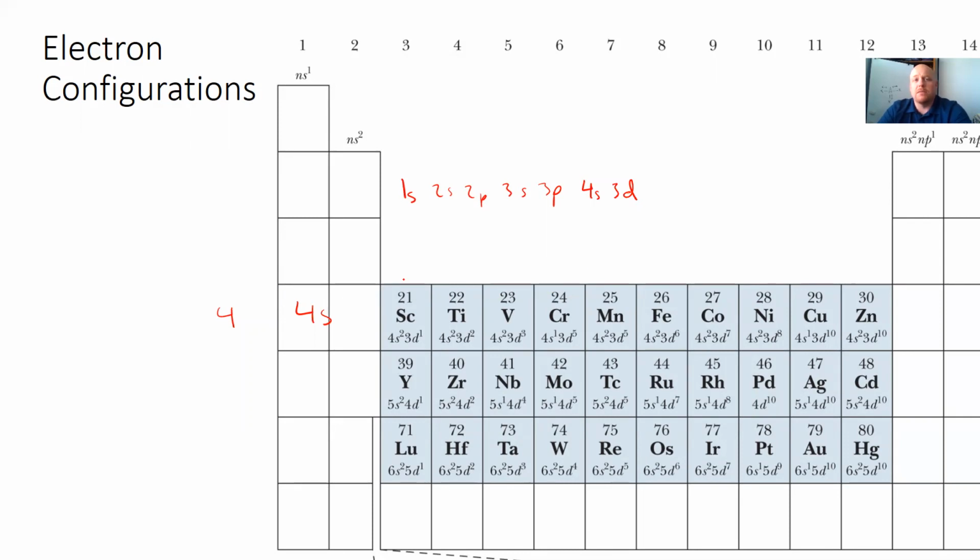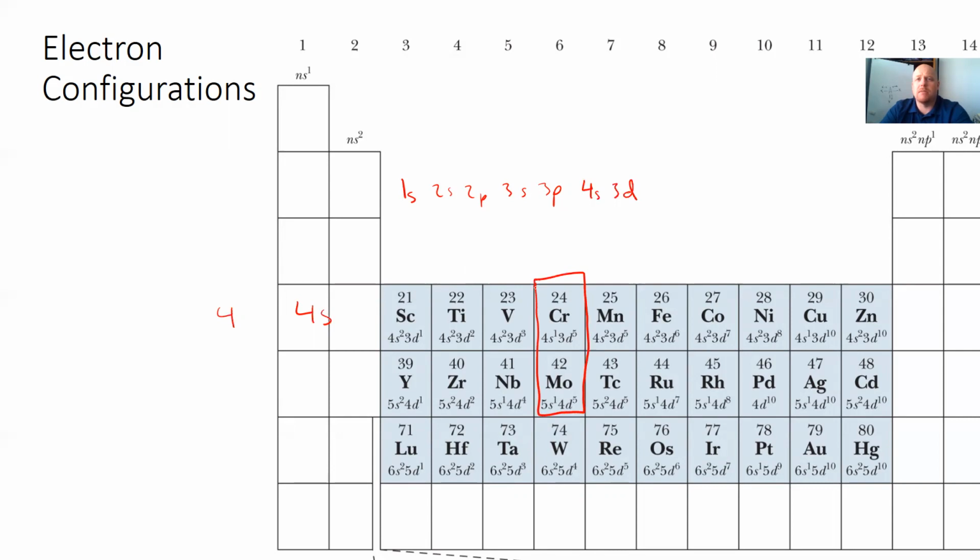Now, when it comes to the transition metals, you'll notice that we have some weird exceptions here and there to how the orbitals are filled with the electrons. And largely, these are experimentally determined. The ones that I'm really interested in you seeing and really knowing are the deviations of how we fill the orbitals.